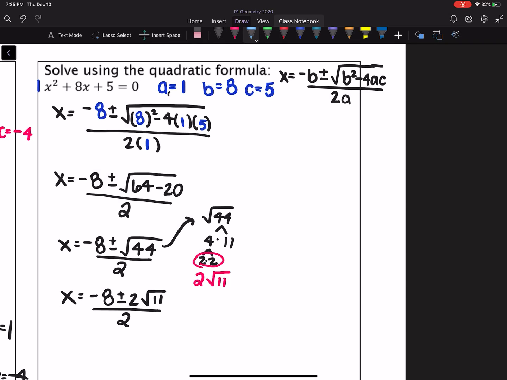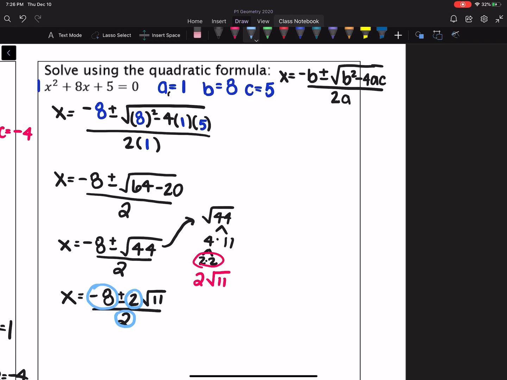So this is a specific example where our answer can be reduced a little bit more, given the coefficients that are in each of these terms. Okay. So what we're going to focus on is our first term in the numerator, our coefficient in front of this radical, and the denominator.